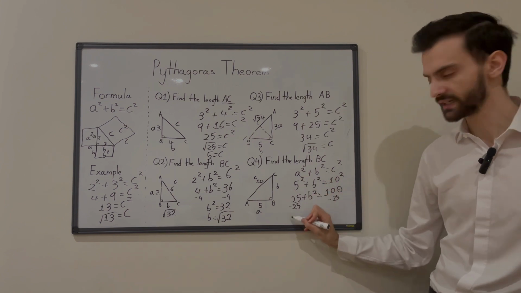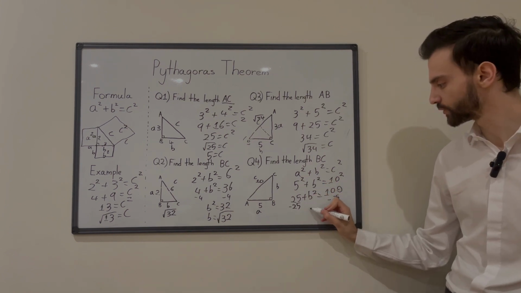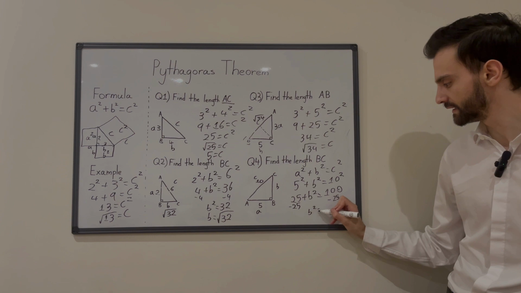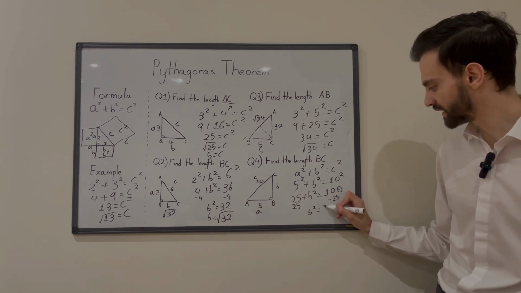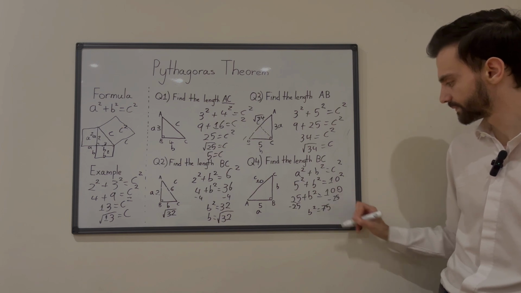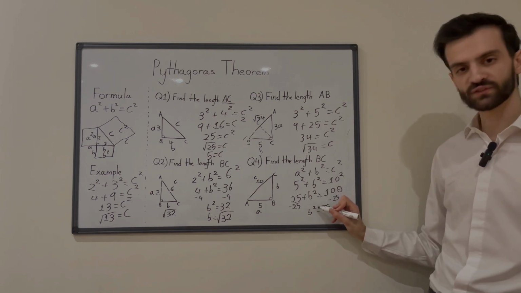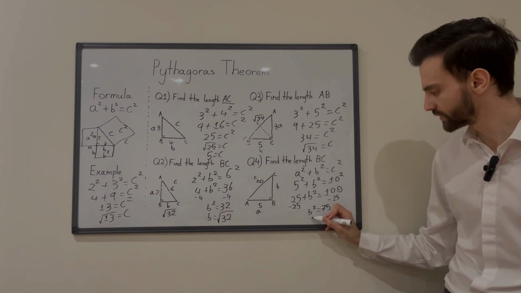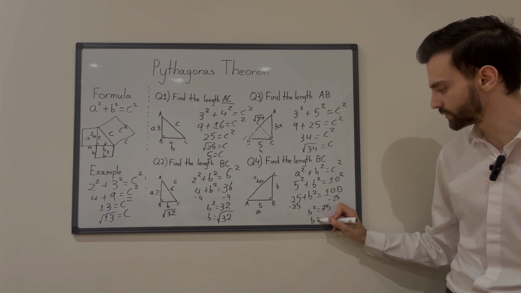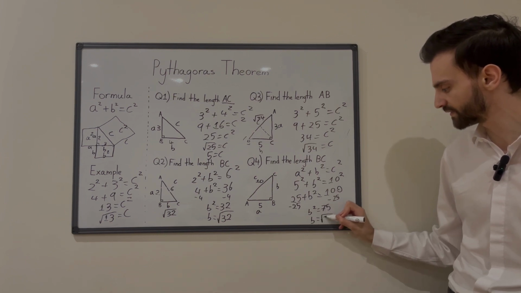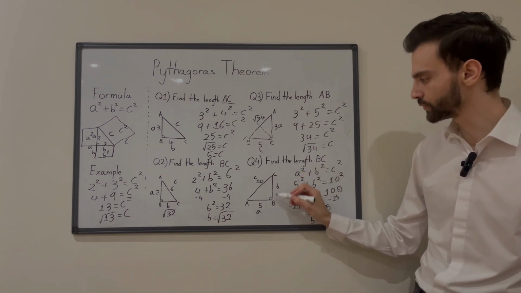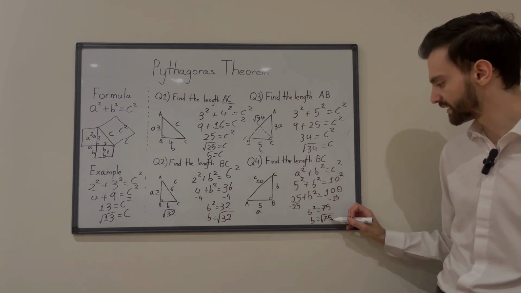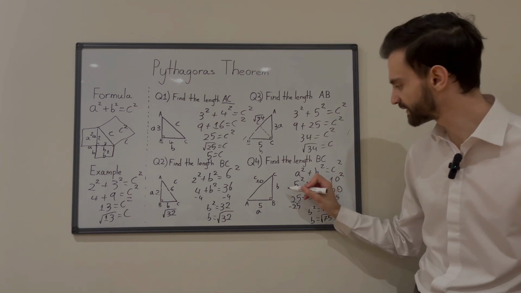The 25s cancel out, so I'm left over with B squared equals 100 minus 25, which is 75. And opposite of squared, which is square root, so B is equal to square root 75, which makes capital B to capital C as our length being square root 75.